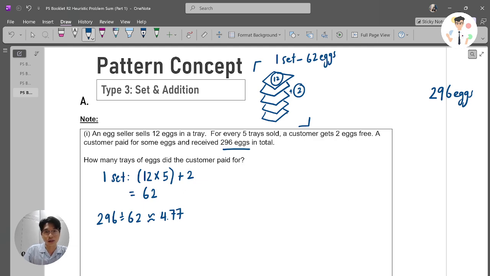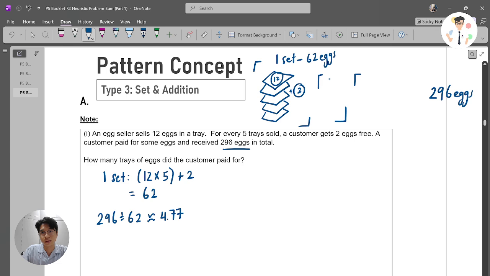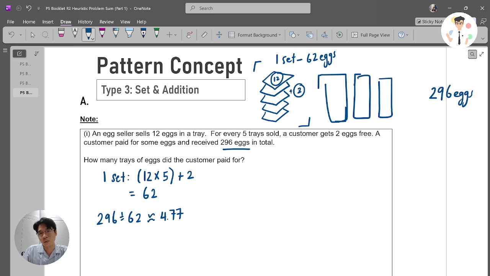This means I have a total of 4 sets: one set here, another set here, 3, 4. Then I have some extra here. This 0.77 is not enough to form one big set. So what I am sure of is that I have at least 4 sets here.